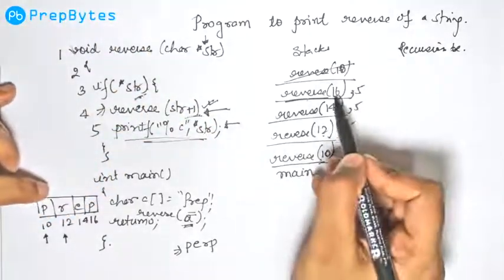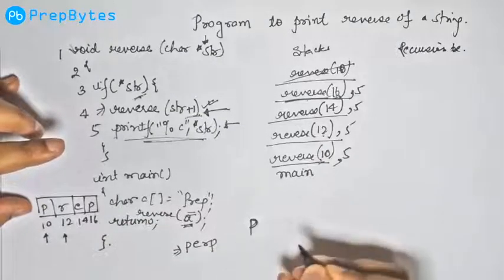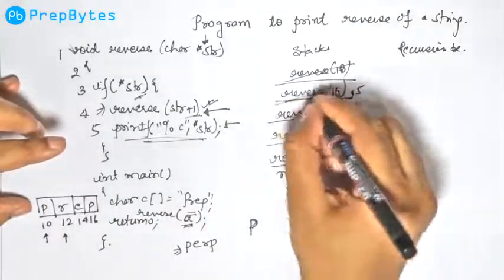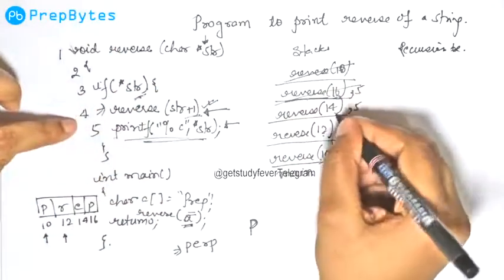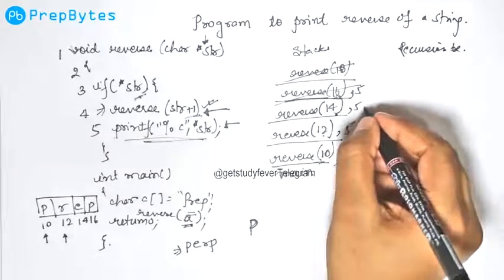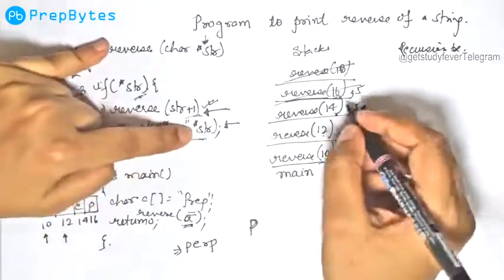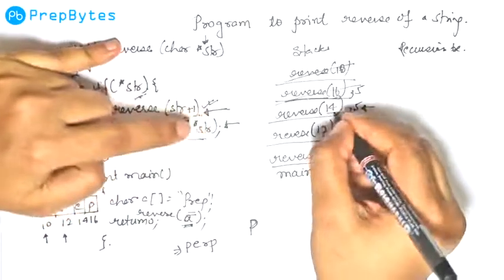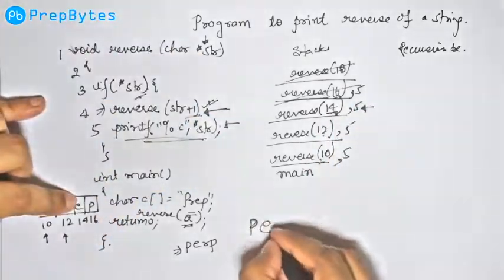And what is the value at 16? P. So P gets printed. Now again after this is executed, this is removed from the stack. It again comes back to reverse 14, and what is the instruction that has to be executed? Line number 5. And what is str in this case? 14. What will be star str? It will be E. Now E gets printed.